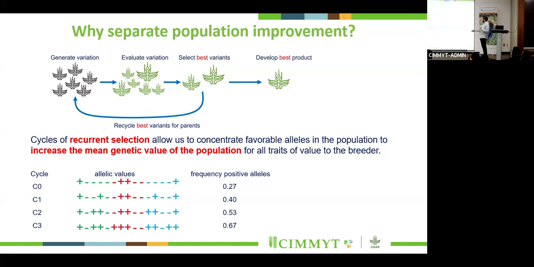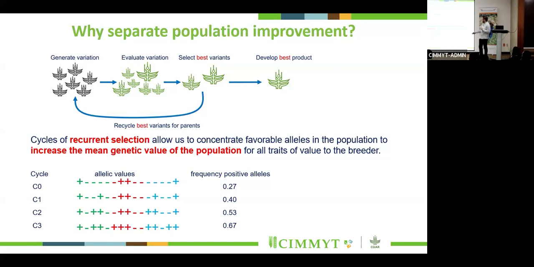So in the average across the whole population at first, we have on average 1 positive allele and 4 negative alleles, so 20% of the alleles are positive for this trait in the population, not a particular individual, and on average 2 for the second trait and 1 for the third.